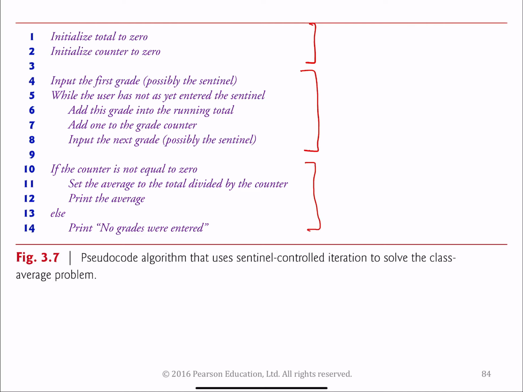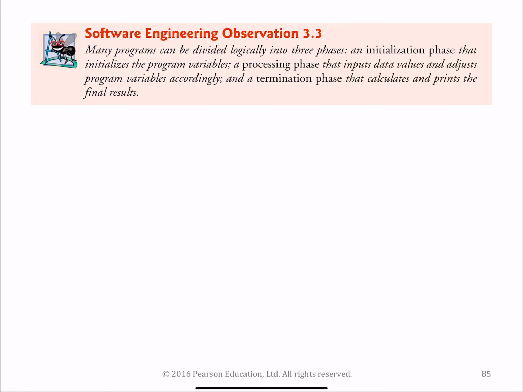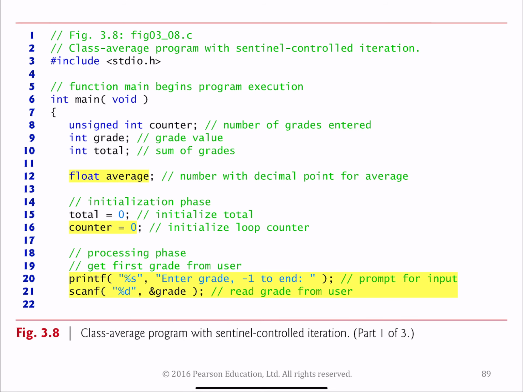If it is not 0, compute the average and print it out. Otherwise, print out a message saying that no grades were entered. So this is the pseudocode that we just developed, put together. Now let's come to the actual source code for that.